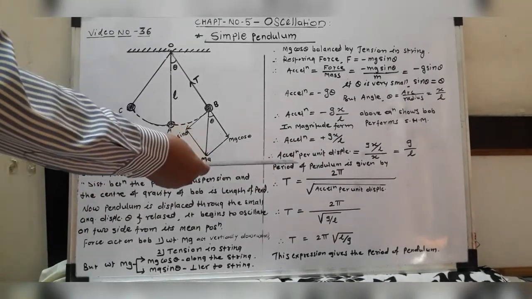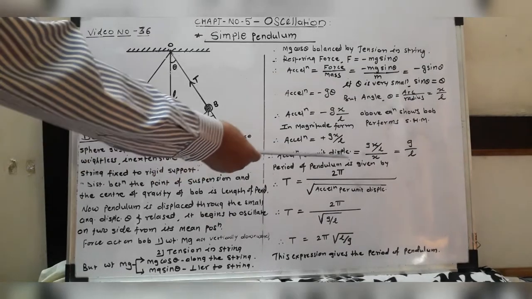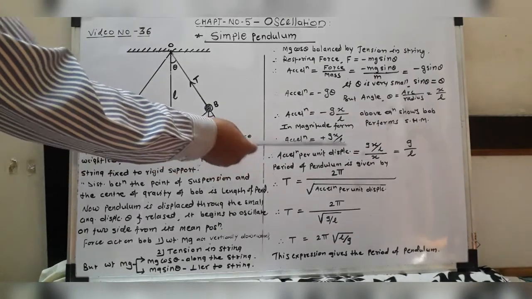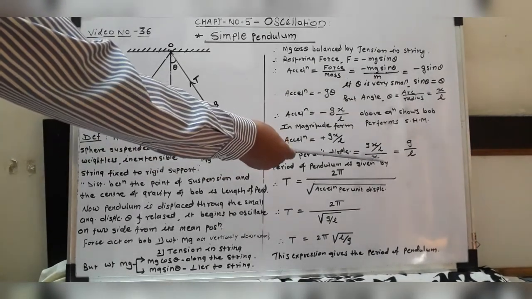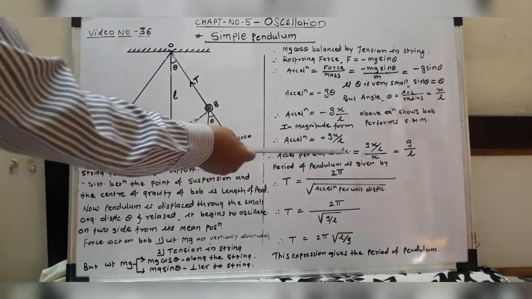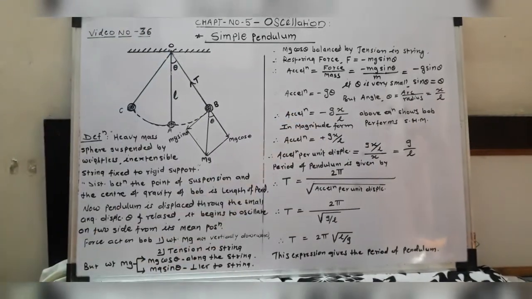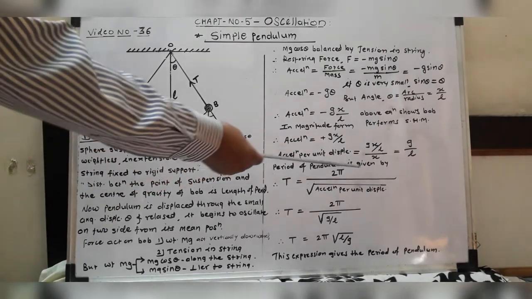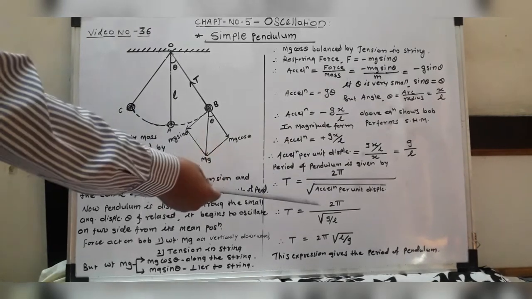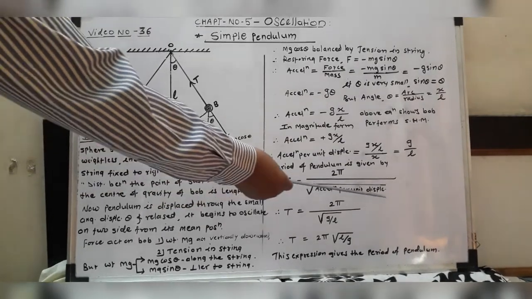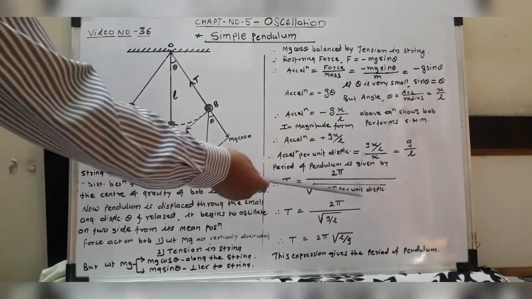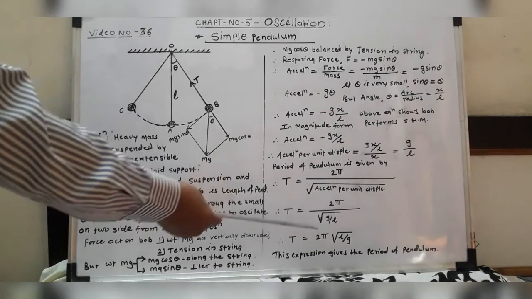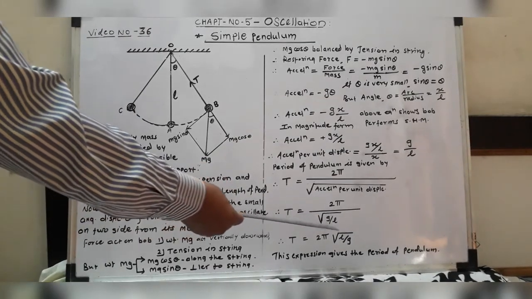So we can find the acceleration per unit displacement, that means gx upon L divided by displacement x, so that x gets cancelled, and acceleration per unit displacement is only g upon L. The period of the simple pendulum is given by T is equal to 2 pi upon under root acceleration per unit displacement. Substituting acceleration per unit displacement g upon L, we can write T is equal to 2 pi upon under root g upon L.